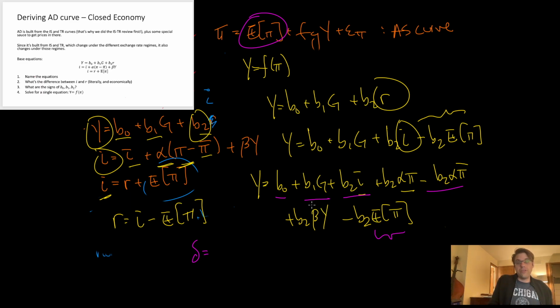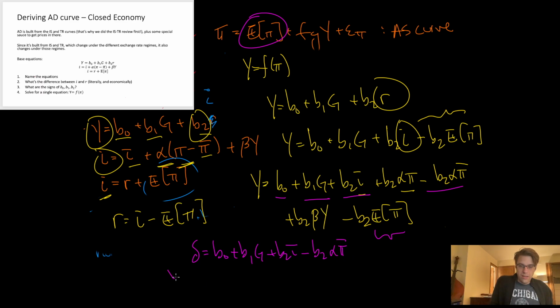So it'll be nice to leave it out. But that's kind of a personal choice. I'm just going to choose to leave it out. And I'll leave out pi as well because that's an endogenous variable. You never want to gather the endogenous variables into these collection terms. So we're going to define delta is equal to b0 plus b1g plus b2 I bar minus b2 alpha pi bar.